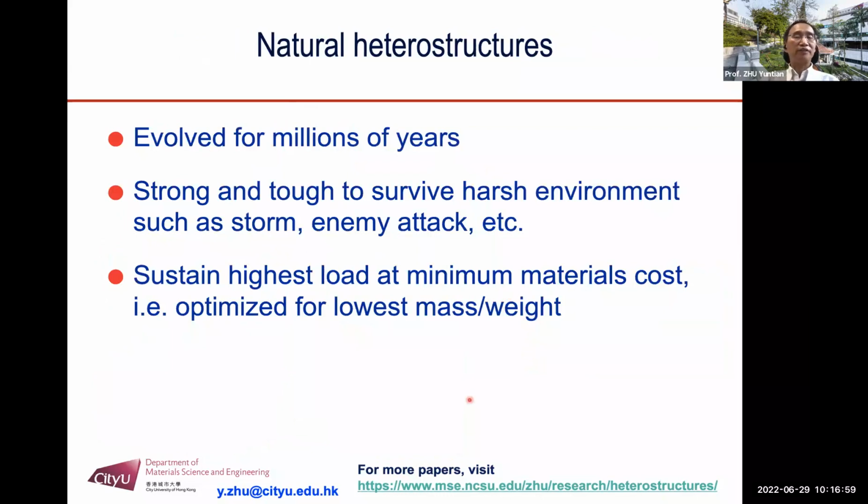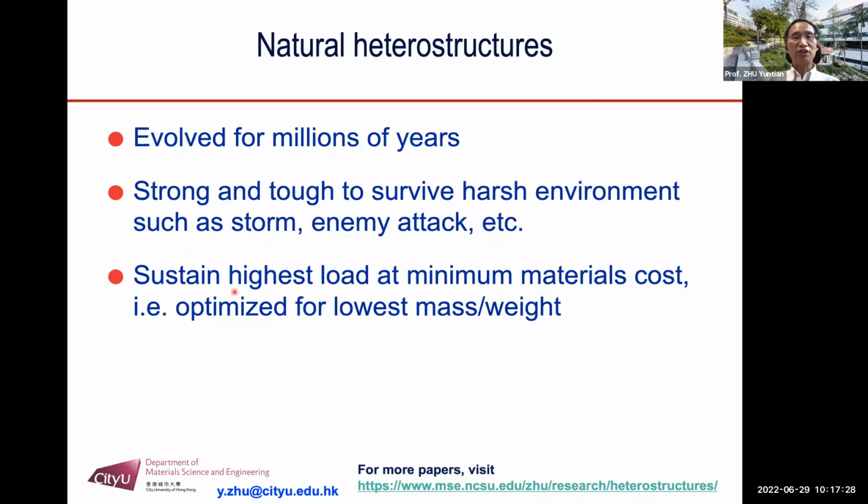Why is there heterostructure in nature? These heterostructures evolved for millions of years, and they are very strong and tough to survive the harsh environment, such as a storm, enemy attack, etc. This will make the plants and animals in nature survive better.